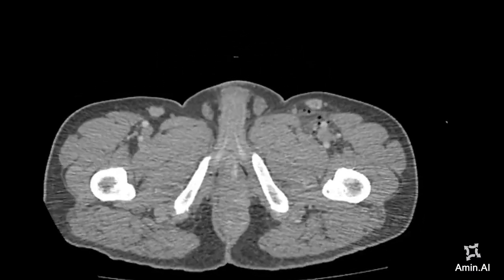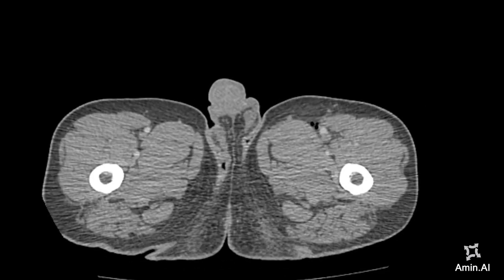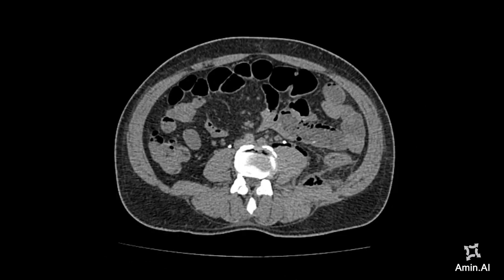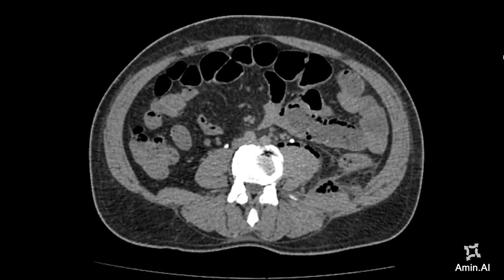So these are the axial images. I will also show you the additional images which were required.